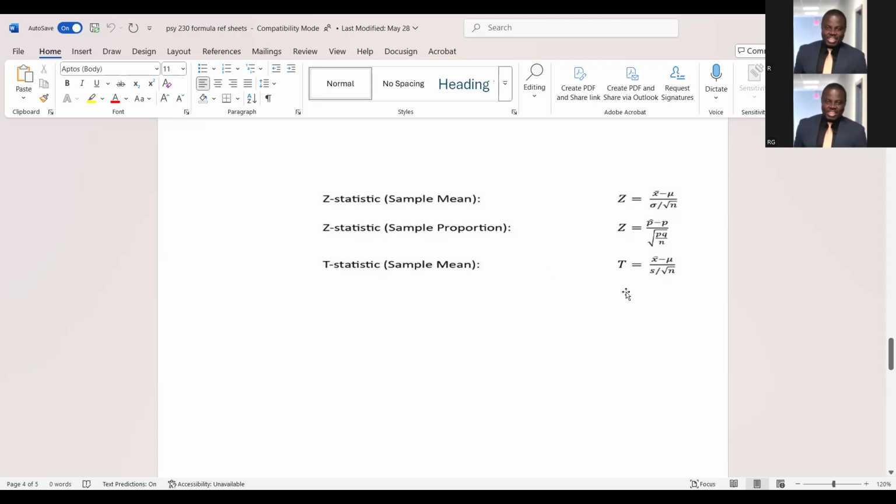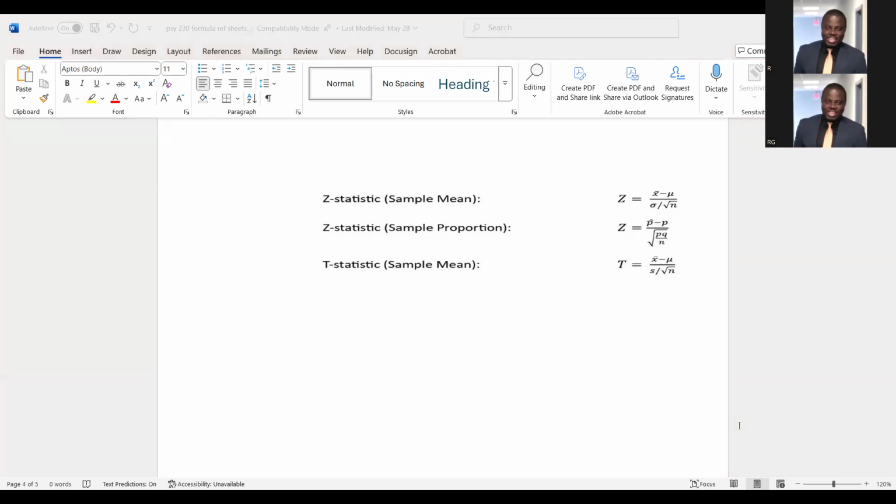That is when we don't have the population standard deviation, we're going to be given the sample standard deviation, which is the S. So the only difference between the Z test statistic for the mean and the T statistic is that this got the population standard deviation, that got the sample standard deviation, and that's it. So this is for proportion, and proportion you're dealing with Z statistic. So we're going to use that one.